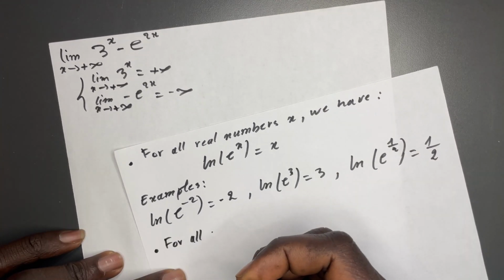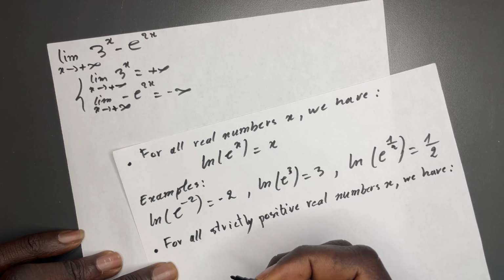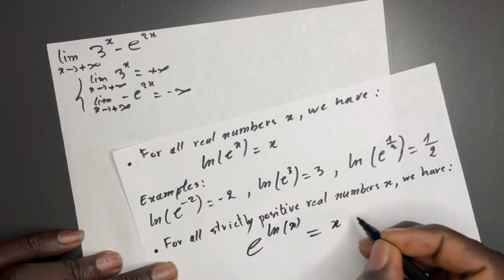And also for all strictly positive real numbers x, we have e to the power of ln of x is equal to x.